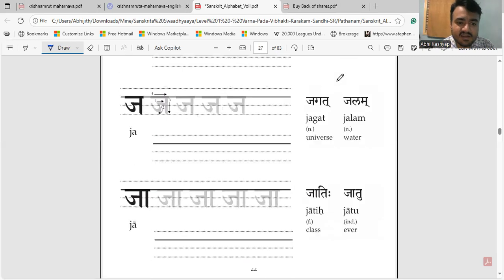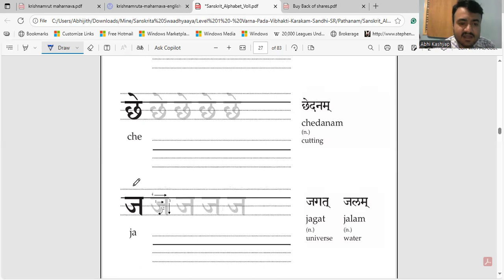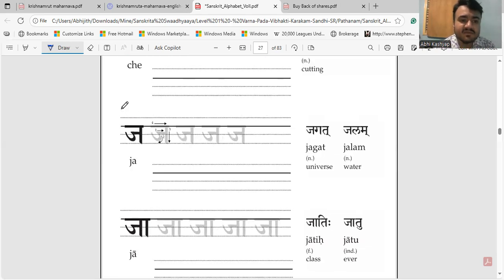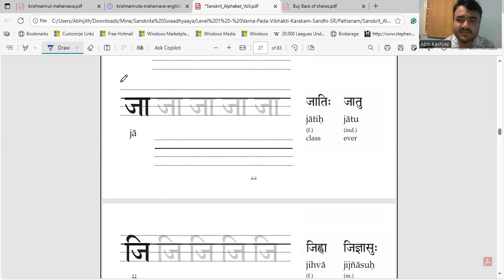Then we have the next varna, that is ja, which is like our hand stretched out like this. Ja. It is like a sickle, a sickle to cut the crops. They have one tool like that. It is a sickle. For that, we are giving it a support. Ja.